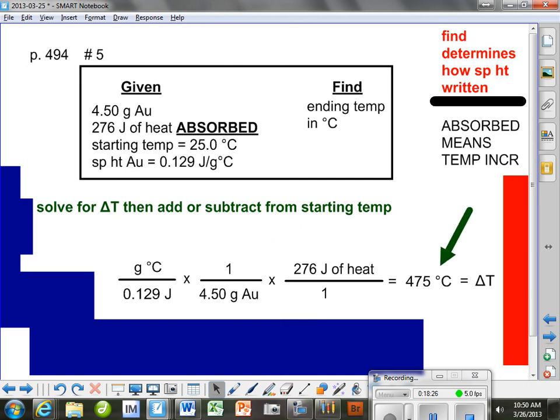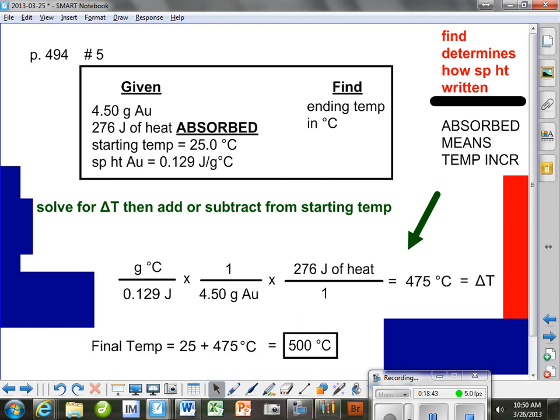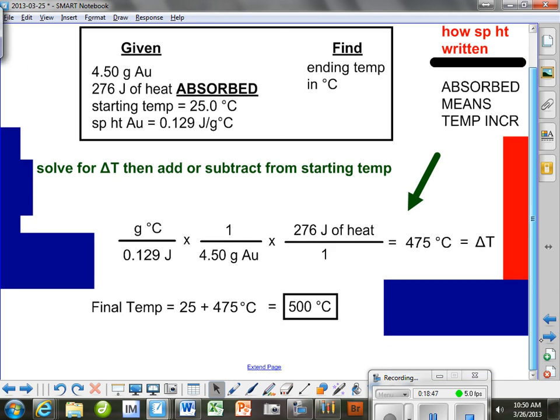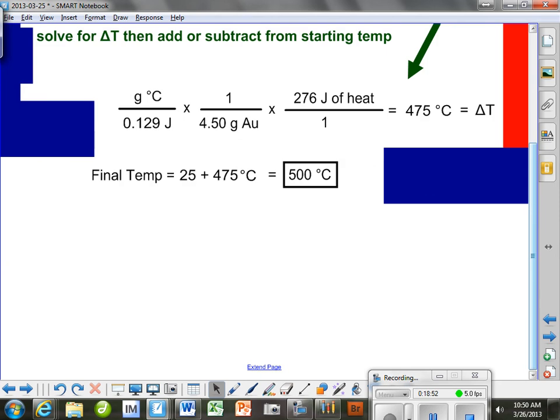Isn't this the change in temperature? If that's the change in temperature, and this is the starting temperature, what do we know about what's happening with the temperature? Yeah, there you go. Okay, so when we add those two together, that gives us our final answer. Are you all writing? Now you've got it. Have you been writing this down? How do you expect to do the problems tonight?